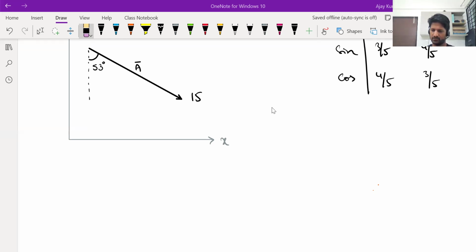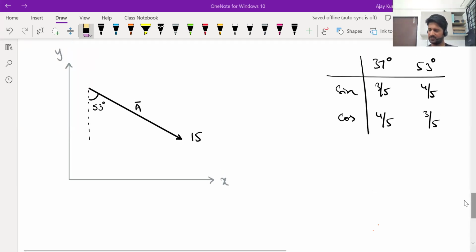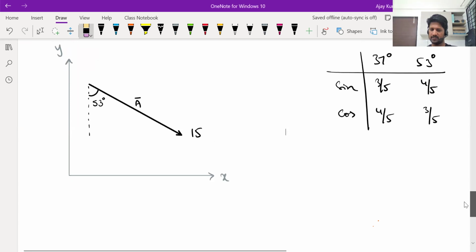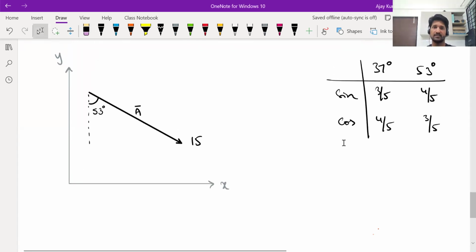The magnitudes you took are not correct. You assigned directions properly, but the magnitudes you took are wrong. Calculate again. Observe the diagram carefully, all of you. The 53-degree angle, with which axis is that angle, you have to see carefully and solve.